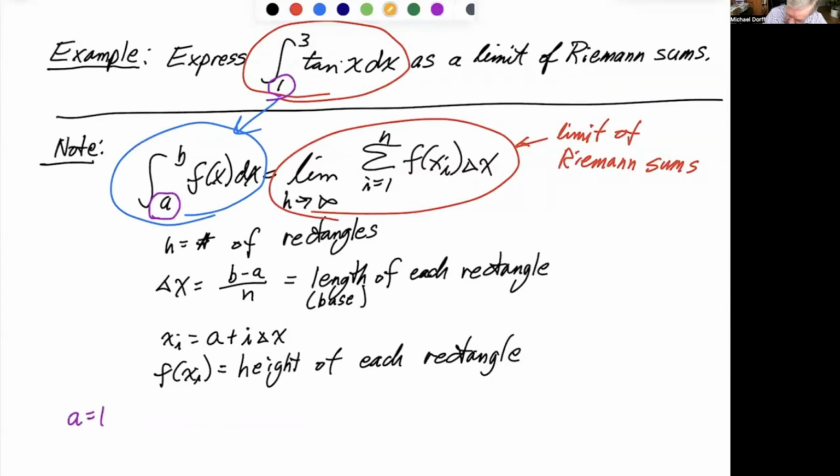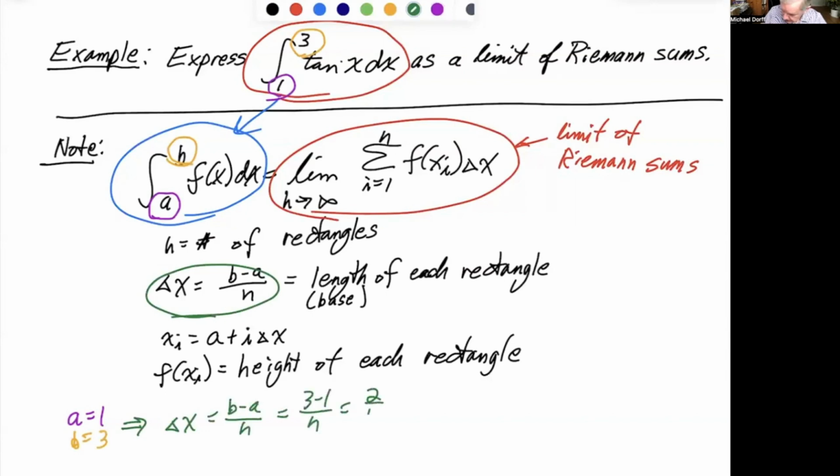That's in purple. In gold, I'll do b. b is equal to 3. And then I know that delta x equals b minus a over n. So delta x in this problem is going to be 3 minus 1 over n, which is 2 over n. And that's going to plug in over here.